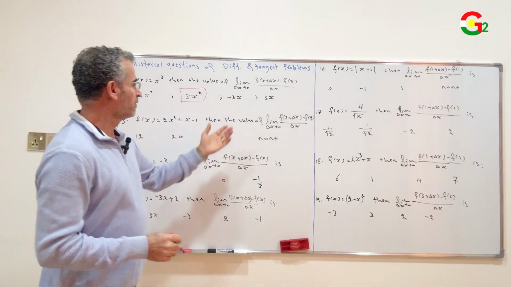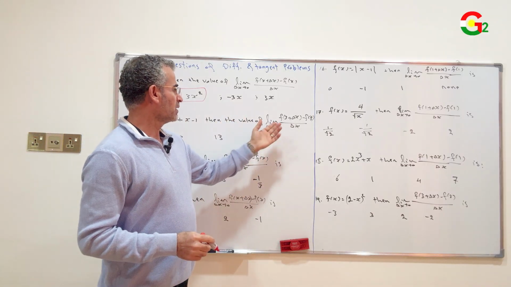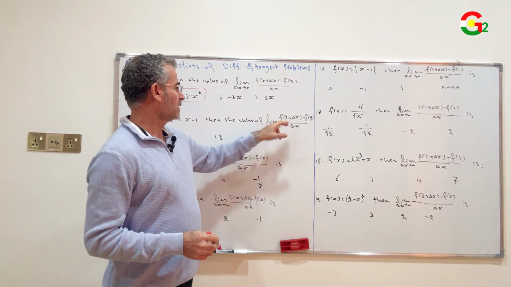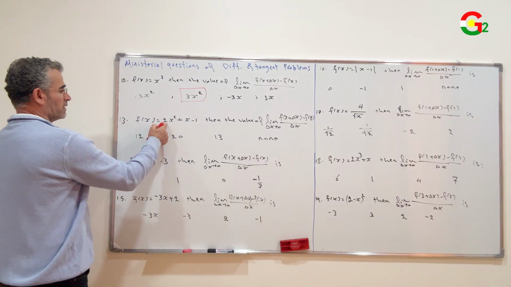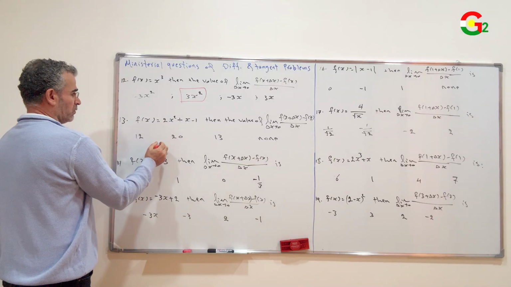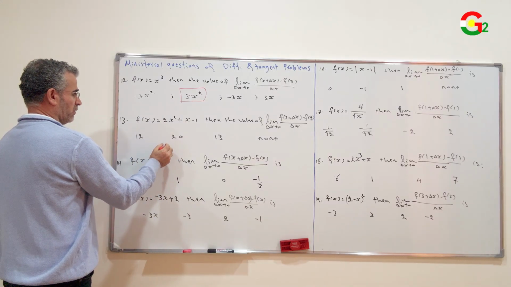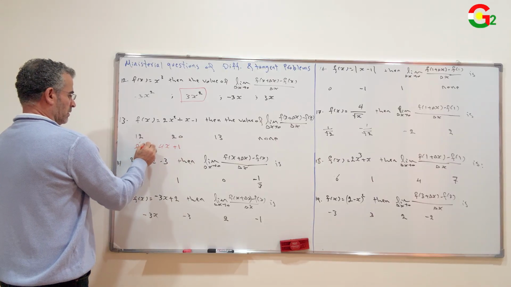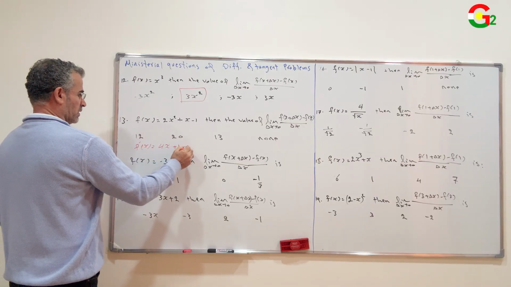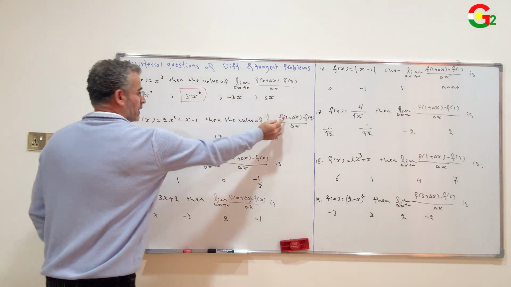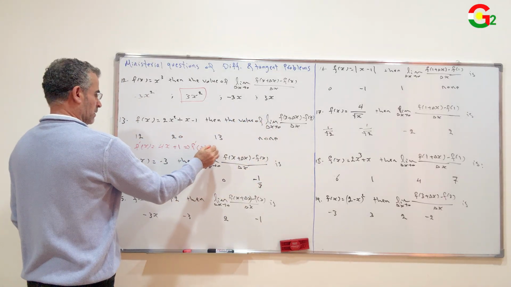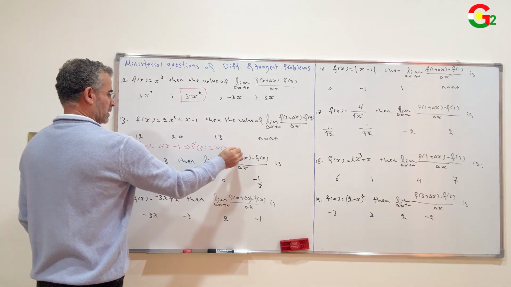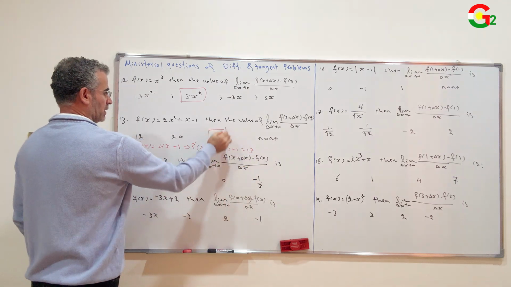Then the value of this limit is the derivative of the function at 3. The derivative of this function using the rule of differentiability is 4x plus 1. The derivative at 3 is 4 times 3 plus 1, which equals 13.